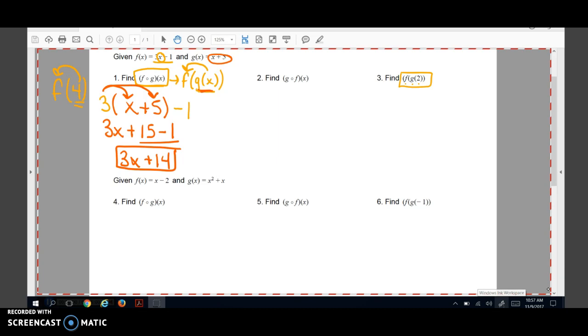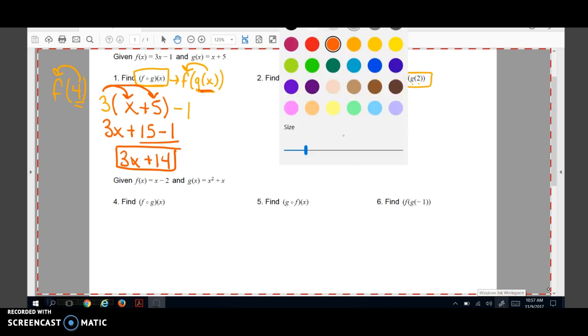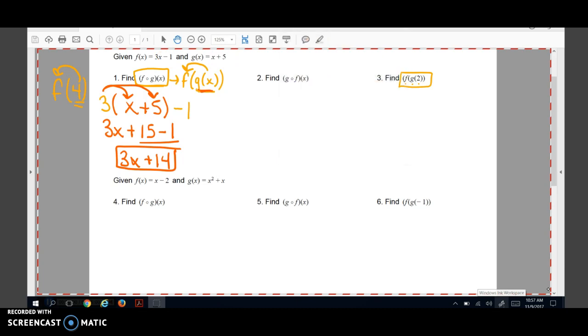Okay, now in problem number 2, it asks me to find g of f of x. So what that means now is that we're going to have g of f of x. Now I'm going to take my function f and plug it in anywhere I see a variable in my function g. My function g is x plus 5.